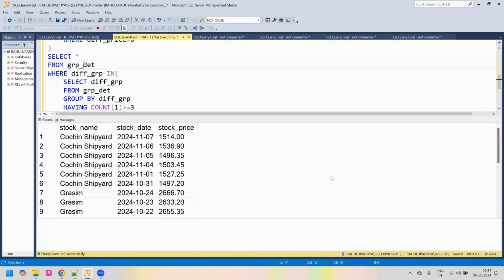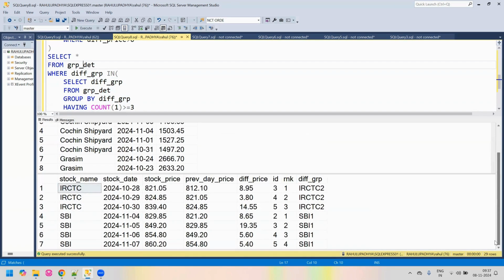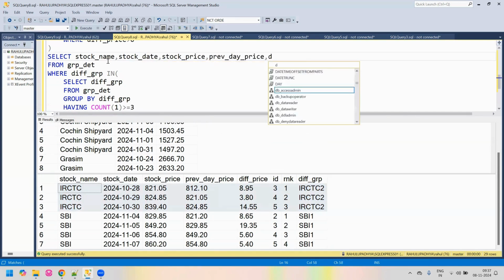So let's run and see the output. So this is what we have. We have identified only those entries where the group count is 3 or more. Okay, so as a last part, we will just keep the relevant columns in the output. So we have stock name, stock date, stock price, previous day price, and diff price.